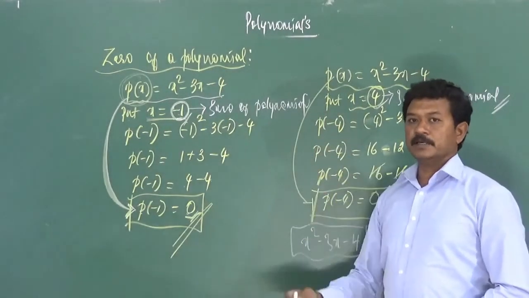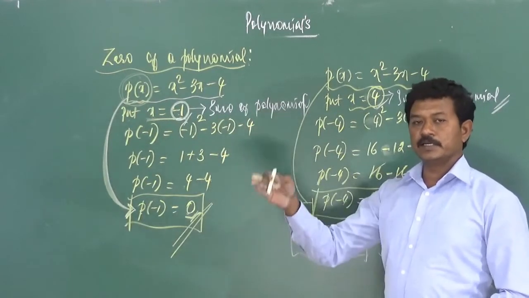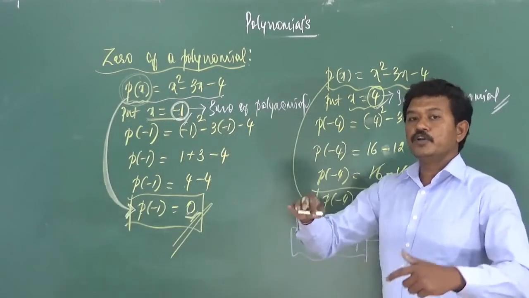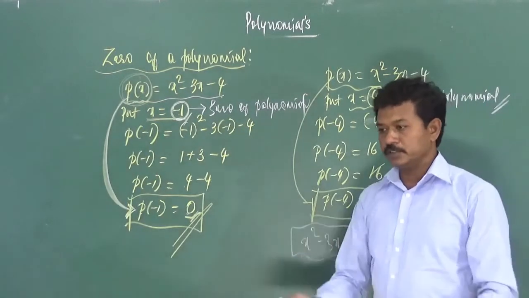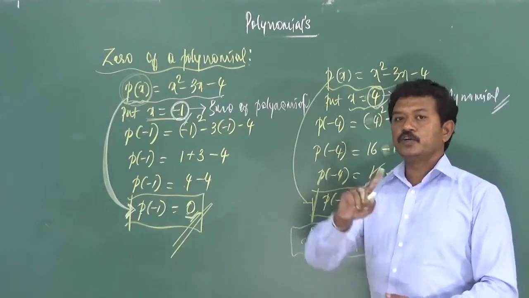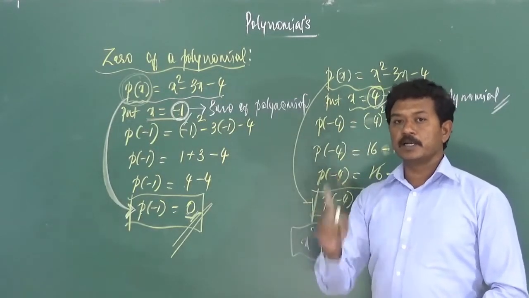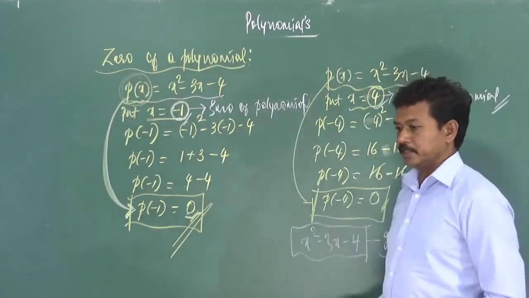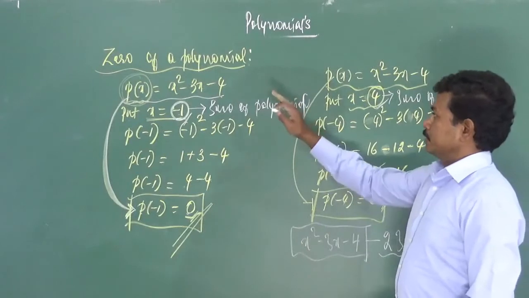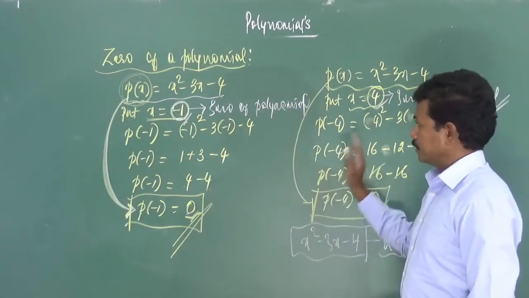At most means maximum 2 zeros. It can also have 1 zero. It can also have no zeros. To the maximum it can have 2 zeros only. A quadratic polynomial cannot have 3 zeros. Please remember this. So zeros of a polynomial, in this concept, it's very important.